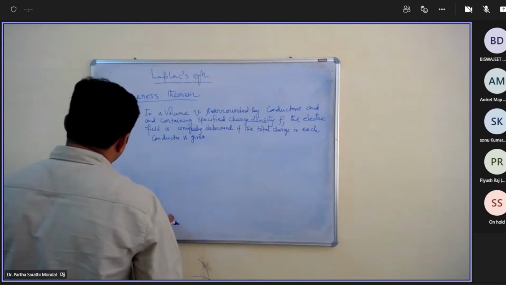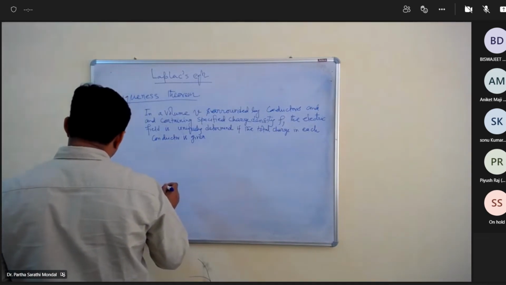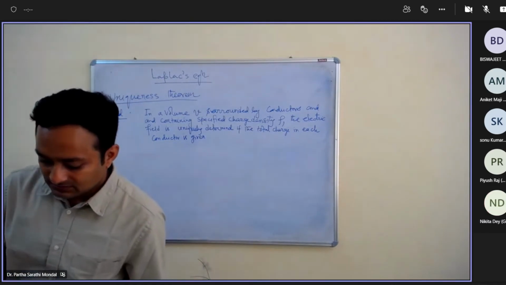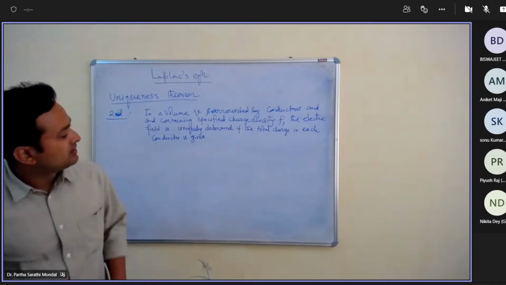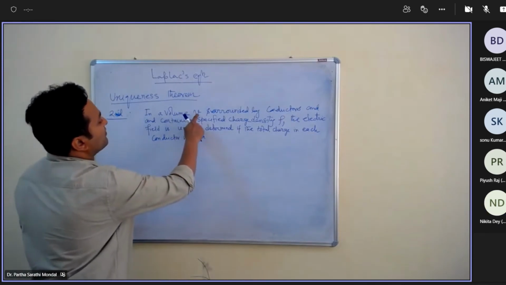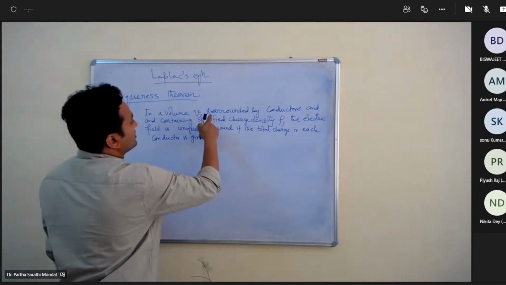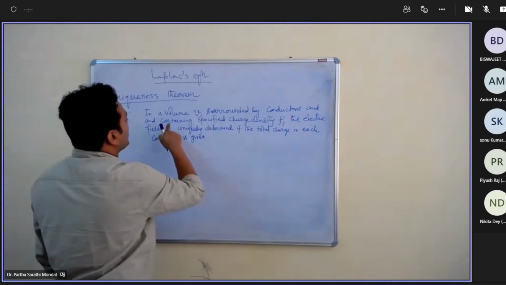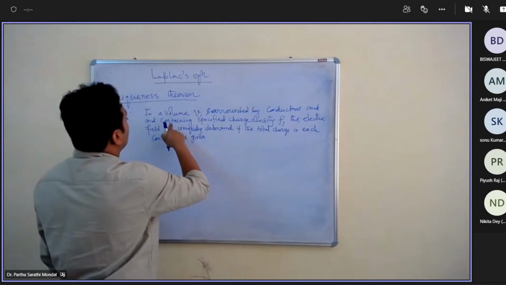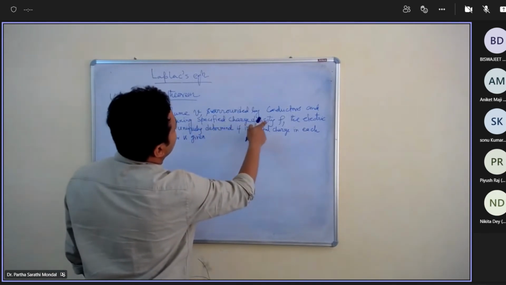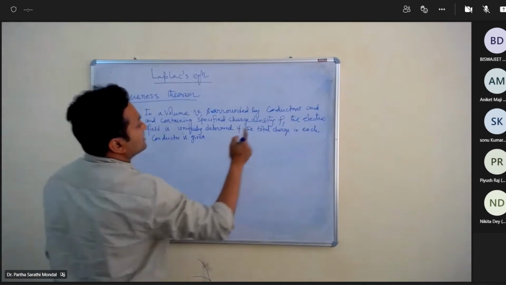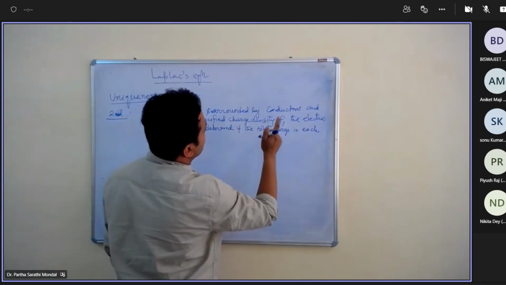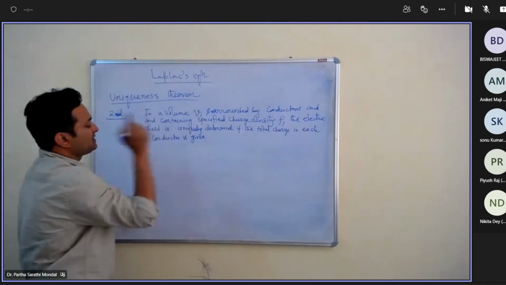Sir, can you dictate this again? Yes, sir. A volume V surrounded by conductors and containing specified charge density. The electric field is uniquely determined if the total charge on each conductor is given.